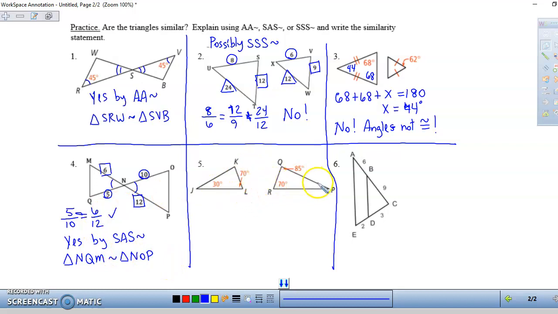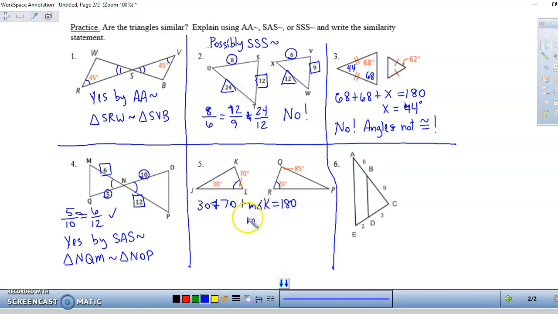Okay, next one. So again, big hint here is if you have angles and no side lengths, I would definitely use the triangle sum theorem to figure out the missing angle and then compare. Okay, right now I know the two 70s are congruent, but you need another set of angles. So let's just look at this triangle. This one's pretty easy. So you have 30 plus the 70 plus the measure of angle K is 180.